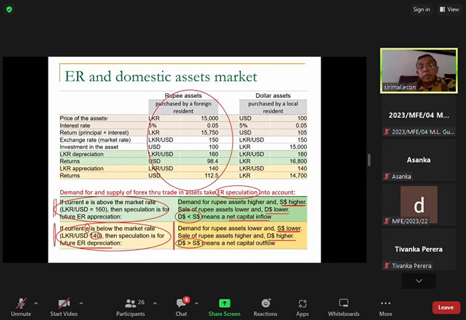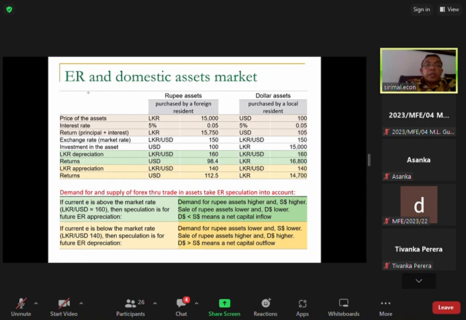Now it is reduced to 5%. They cannot buy as much as they want, looking at our higher returns on government securities, because it's a highly volatile case.